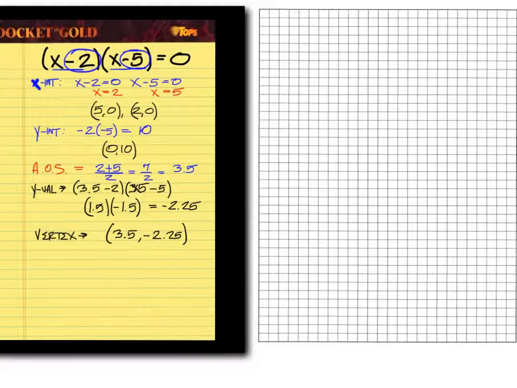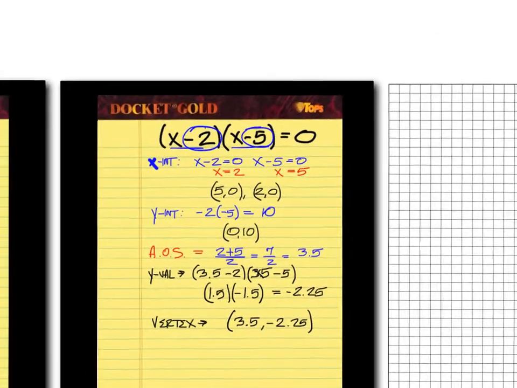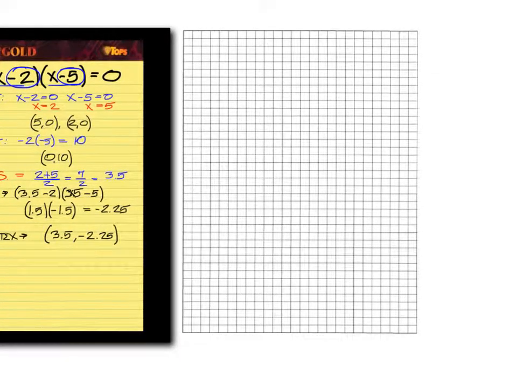But for the x-axis, our x-intercepts are 5, 0, and 2, 0. Positive 5, positive 2. So we could probably get away with the following. And I'm going to make this line a little thinner than the last time. There we go. And we will make it red.